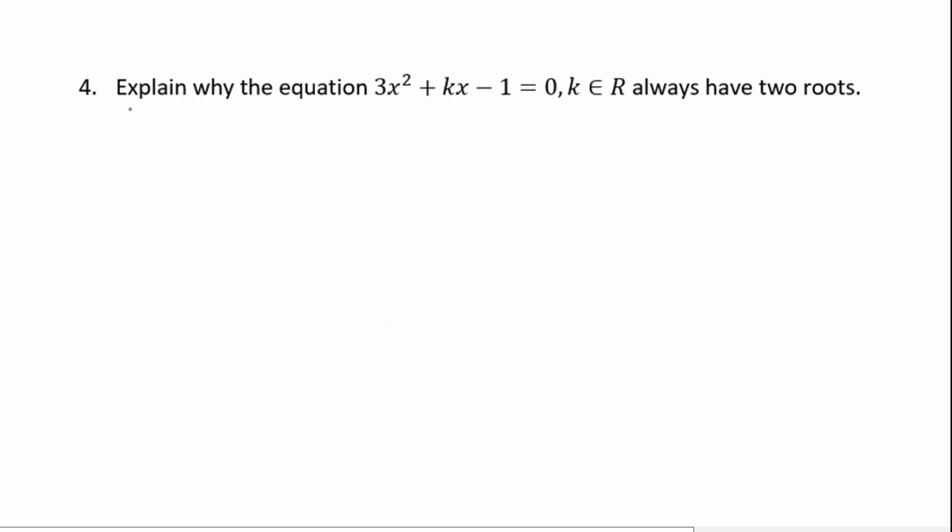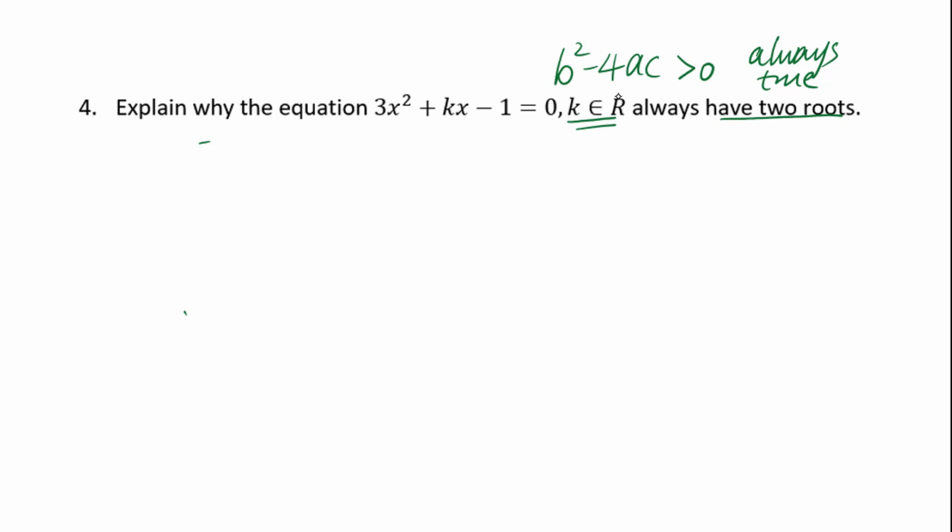Let's go to number 4. Explain why the equation 3x squared plus kx minus 1 equals 0, where k is all real numbers, always has 2 roots. If you want to prove a quadratic equation always has 2 roots, you just need to prove the discriminant b squared minus 4ac is always greater than 0.